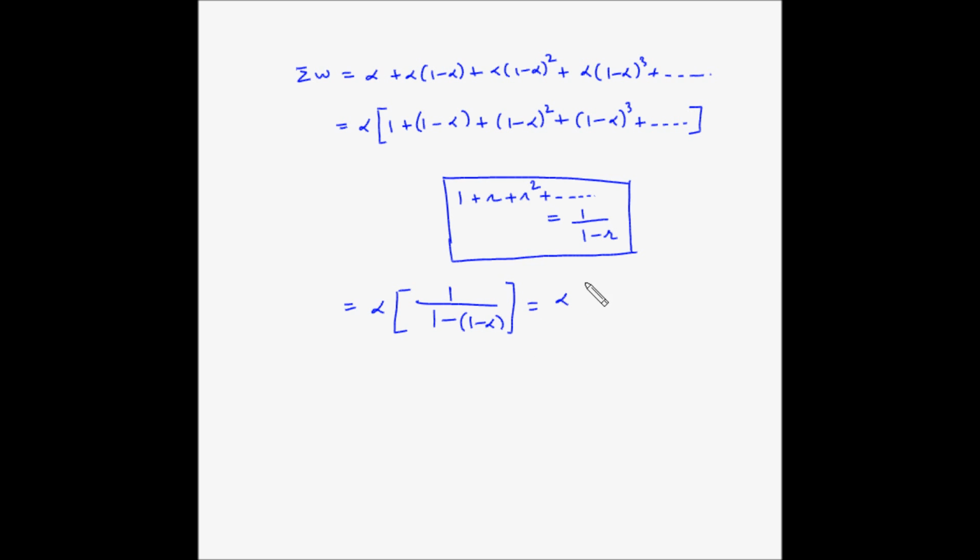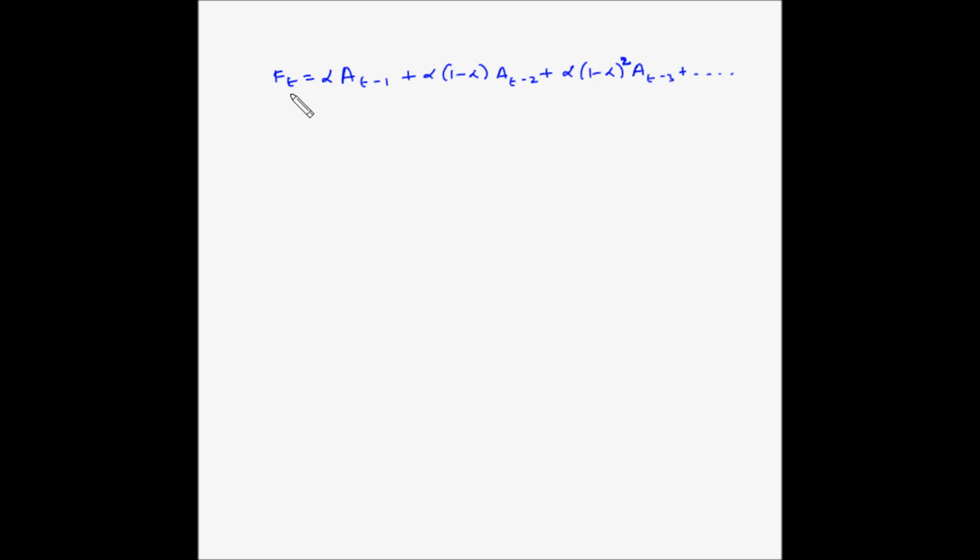This is equal to alpha into 1 divided by (1 minus 1 plus alpha), so this is equal to alpha, this 1 minus 1 is 0, so 1 divided by alpha, and these cancel with each other, so this becomes 1. So hence the sum of all the weights is equal to 1.